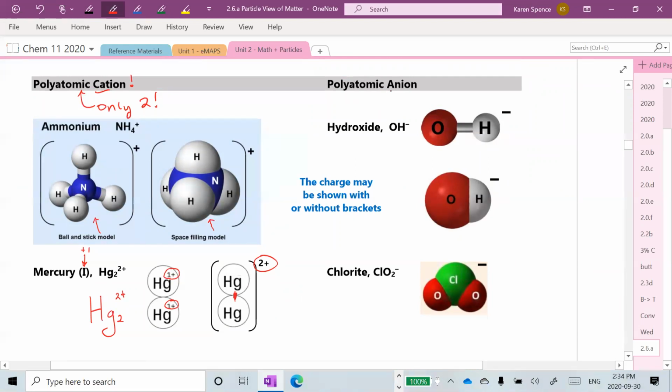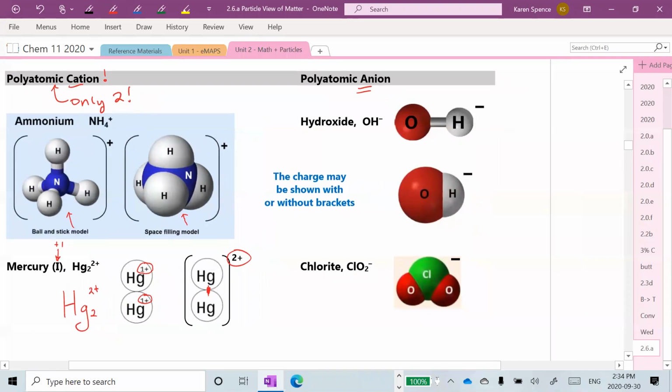Here's a couple of polyatomic anions. Remember, onions make you cry, so that's a negative thing. So we have hydroxide here. There's our covalent bond in between our 2 nonmetals.